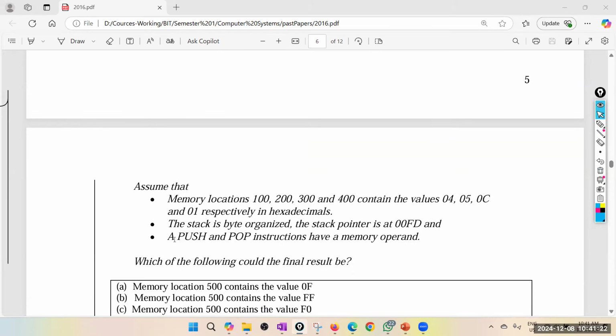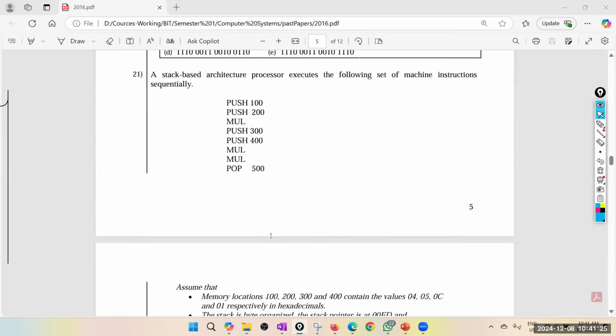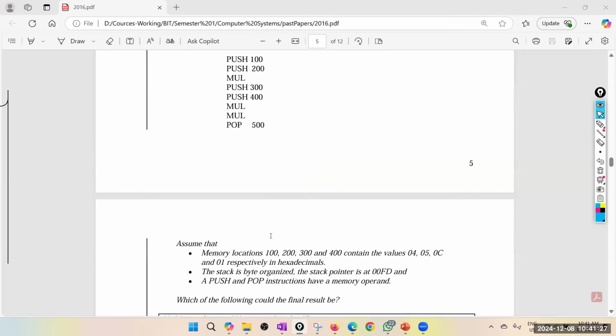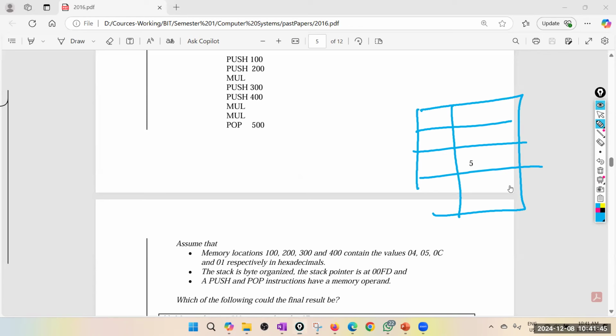Assume that, right? So now you put it into your world. Memory locations 100, 200, 300, and 400 contain the values 4, 5, 6, 0C, 01 respectively, in hexadecimal. So these are the memory addresses. Actually when I say 100, it is 100 in hexadecimal, or is it?